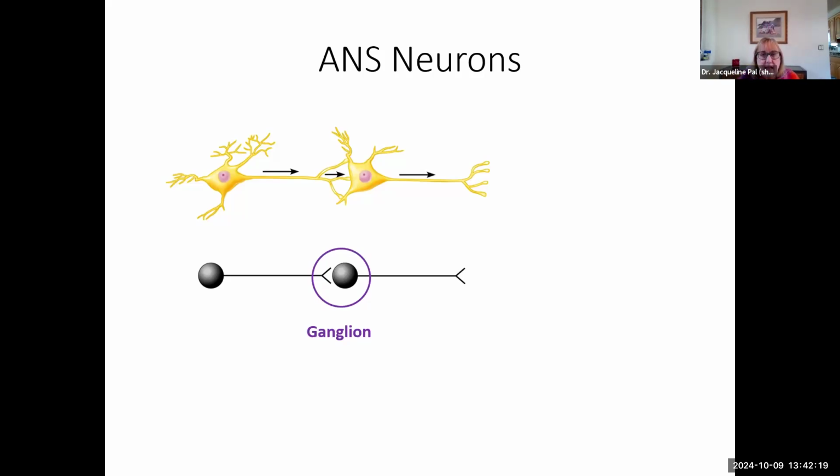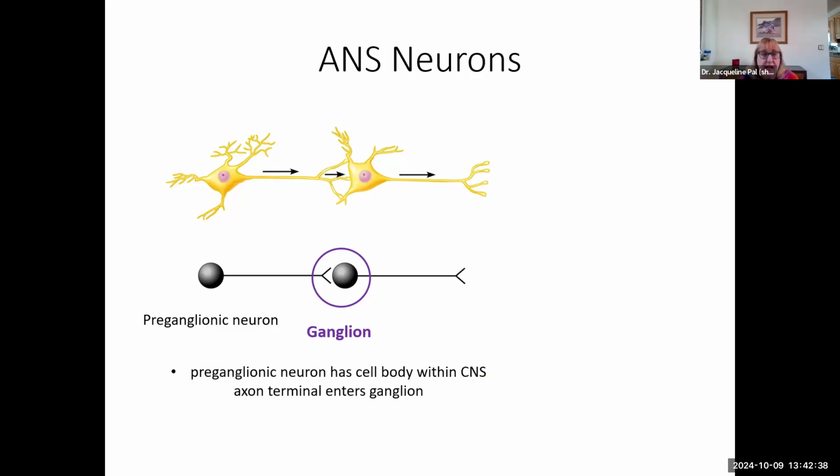So we're going to have a ganglion here. When we talk about our two neuron chain, we're going to have a preganglionic neuron. In other words, the neuron that is before the ganglion. So the axon terminal of the preganglionic neuron is what goes to the ganglion.